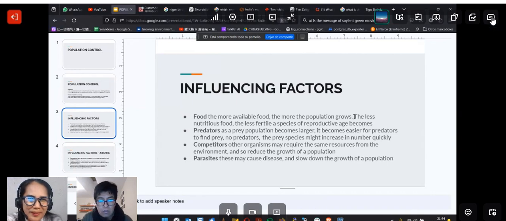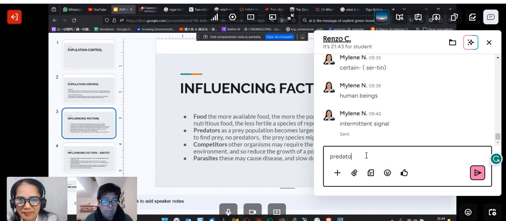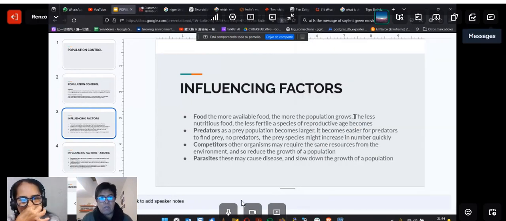In the case of animal species, they have predators, and the predators have the task of balancing the population. When the population becomes larger, there is more food for predators, and then the predators increase their population.